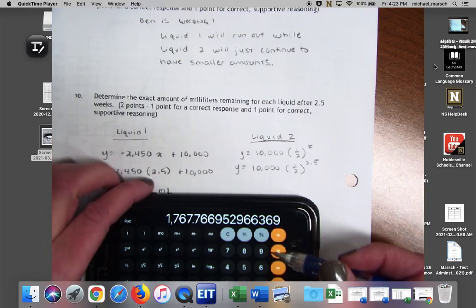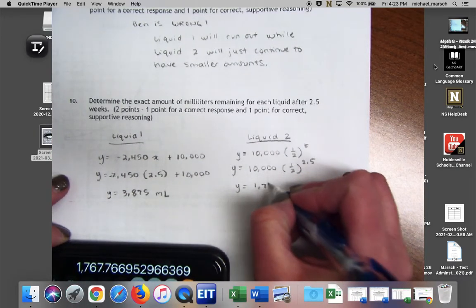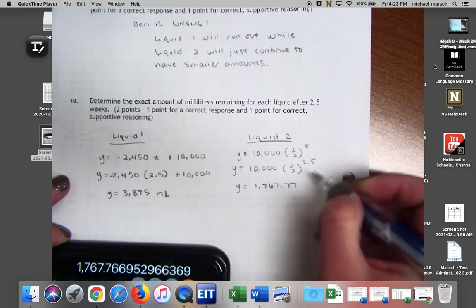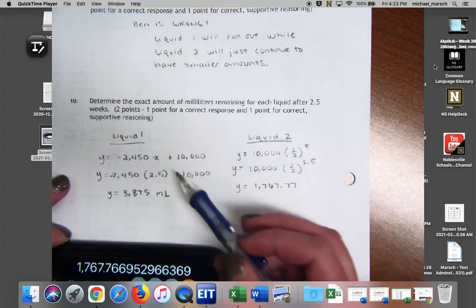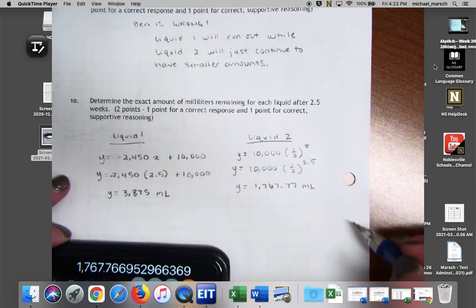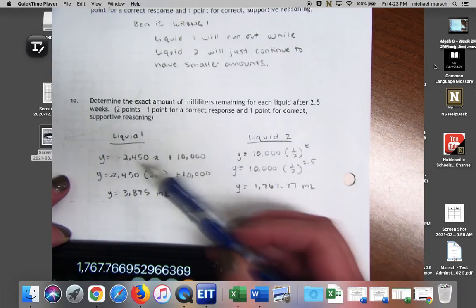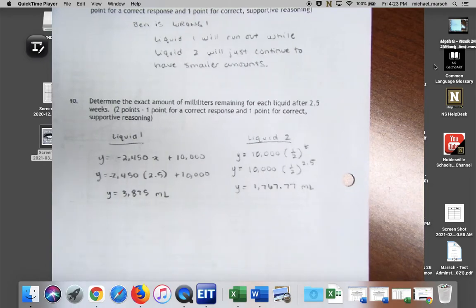So y equals 1,767.77. So we have the exact values. Let me put milliliters for each liquid. We've got the correct response, correct supportive reasoning. Ta-da! All done. So that is your study guide.